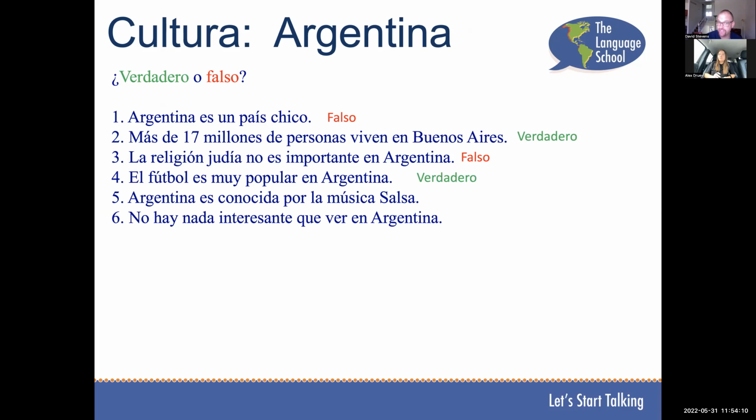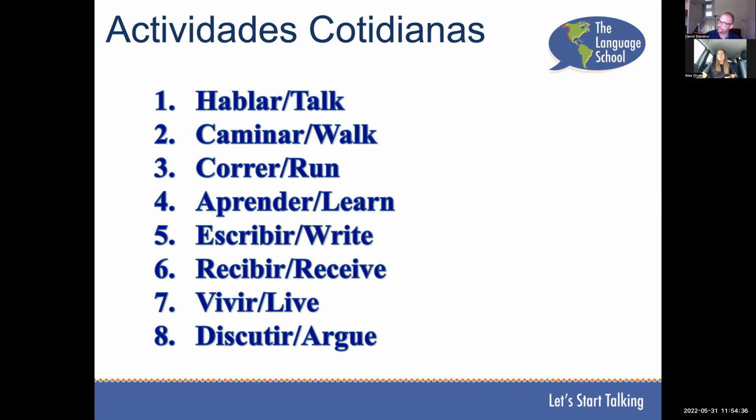Verdadero. Argentina es conocida por la música salsa. Falso, es conocida por la música tango. No hay nada interesante que ver en Argentina. Falso.